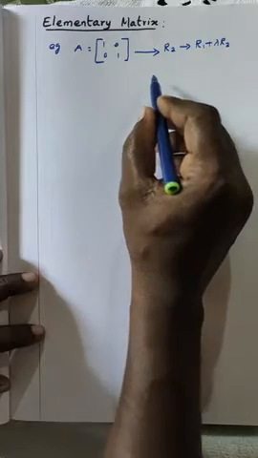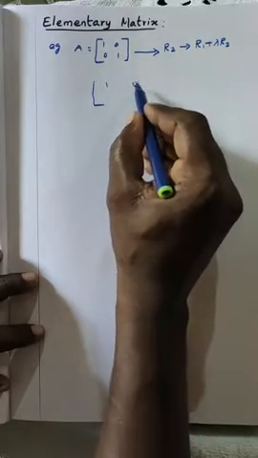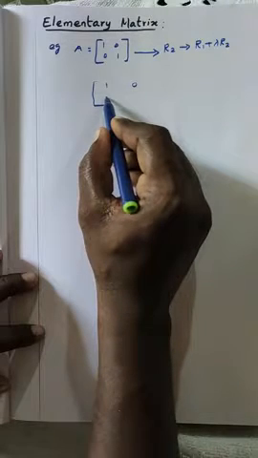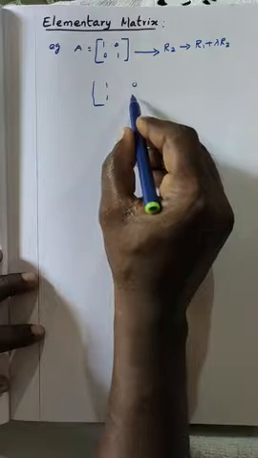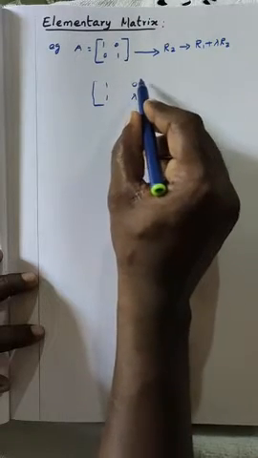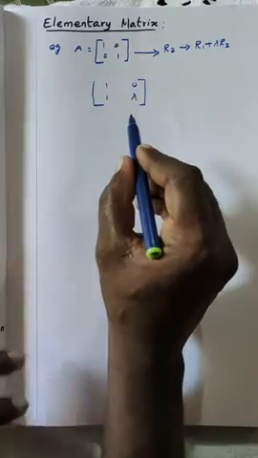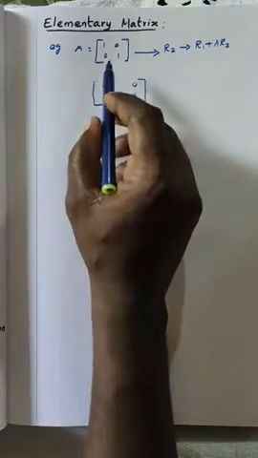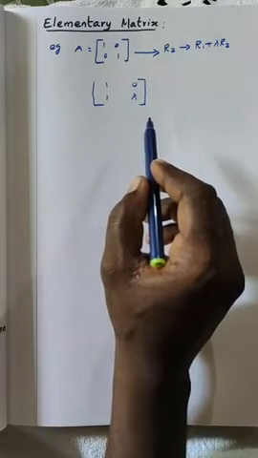Then we have 1 0 and then 1 lambda. This matrix is called an elementary matrix, obtained from an identity matrix by only one elementary row operation.